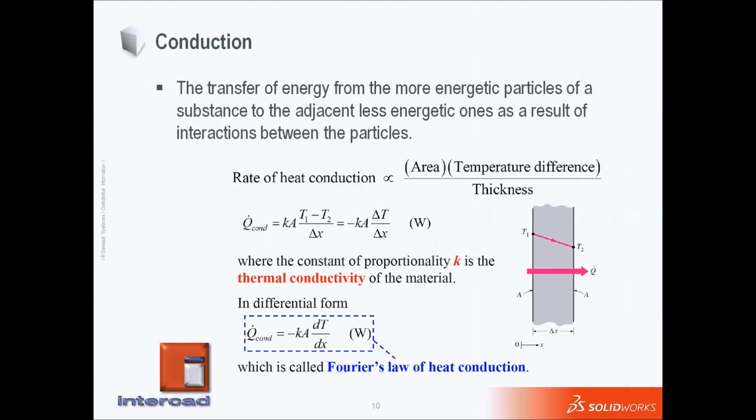Now, let's focus on each of them individually and see what sort of formulation we have. The first category, let's introduce conduction. It is the transfer of energy from more energetic particles of a substance to the adjacent less energetic ones as a result of interaction between particles.